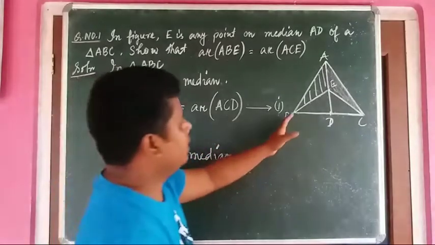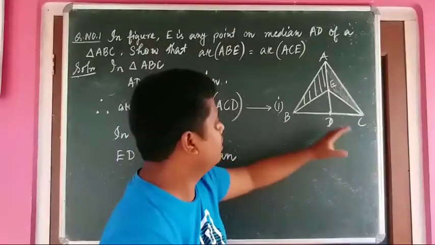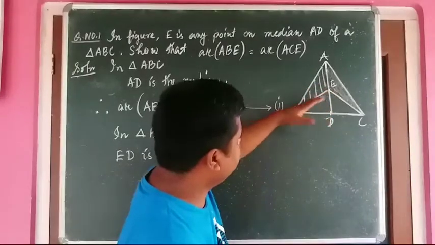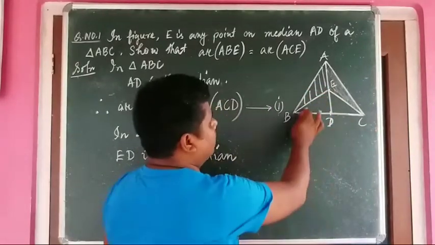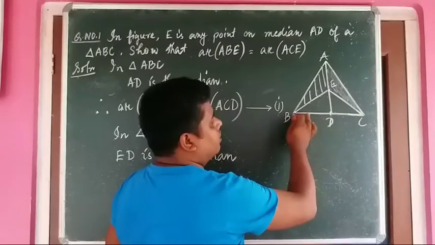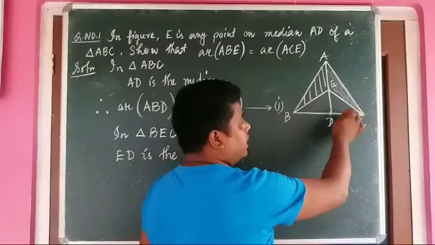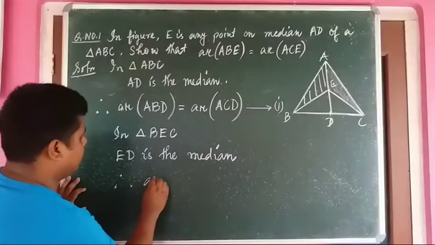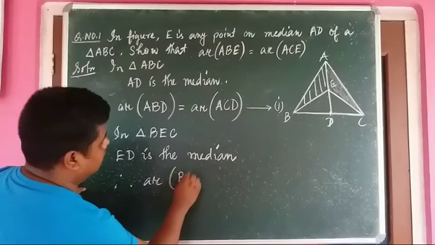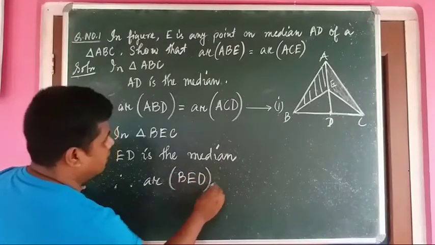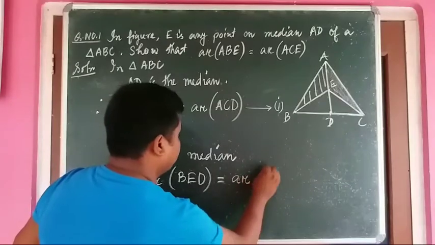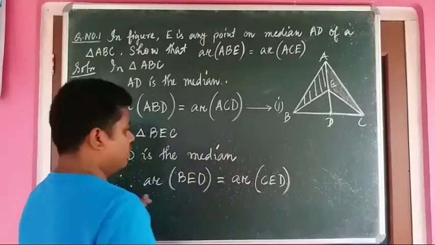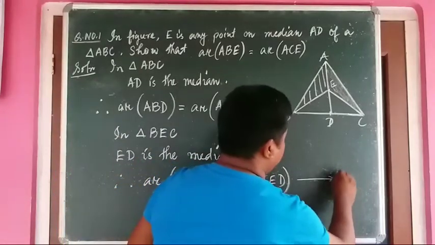So, in triangle BEC, ED will divide BEC into two triangles of equal area. Therefore, area of BED will be equal to area of CED. Now, we can mark it as equation number 2.